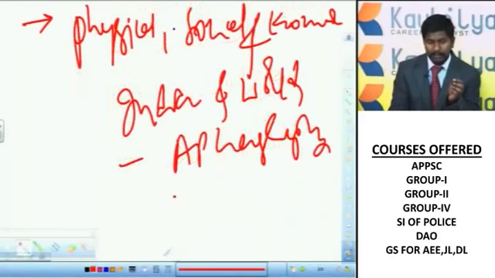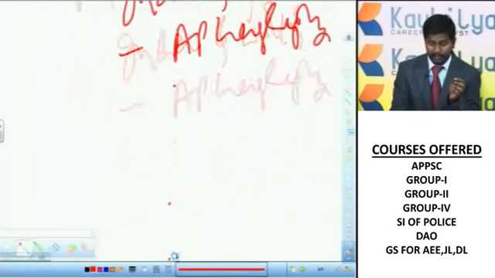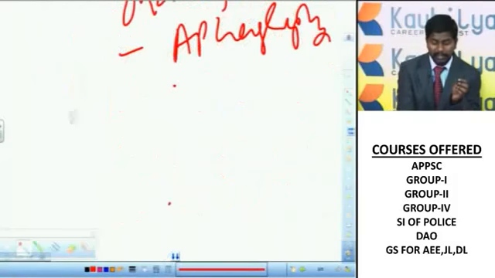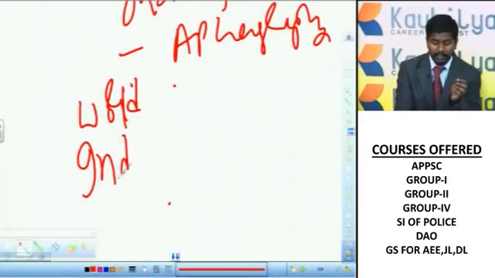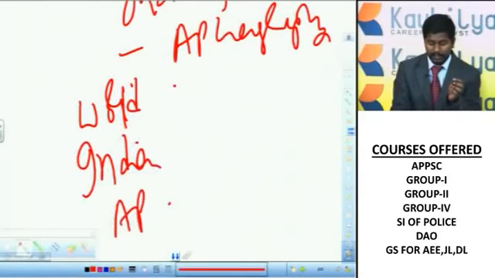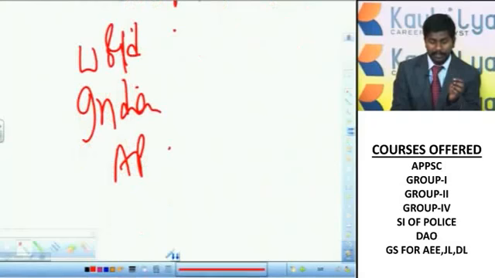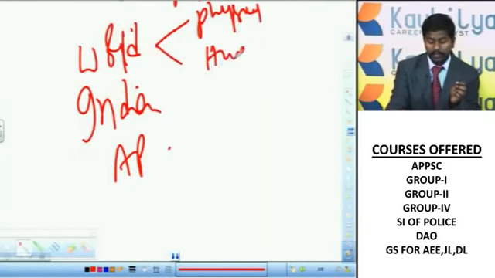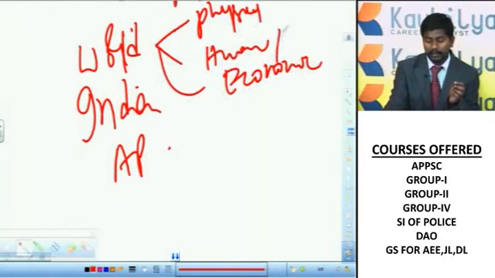That means the geography subject can be divided into 3 parts: world geography, Indian geography and AP geography. In world geography, there are world physical geography, world human or social geography and world economic geography.